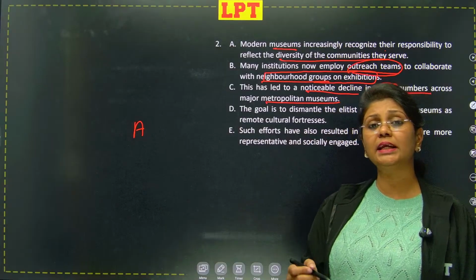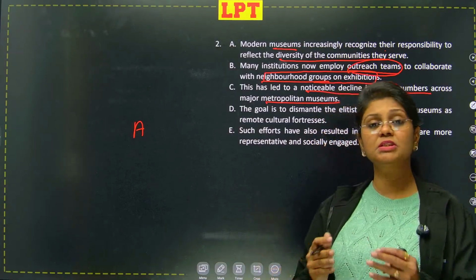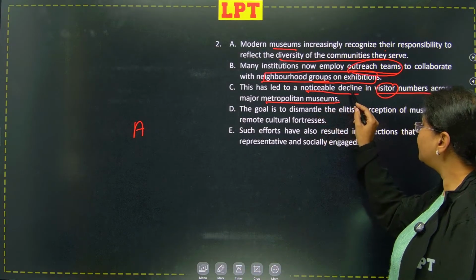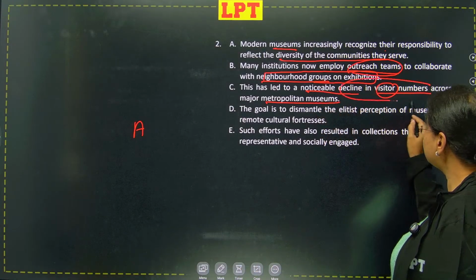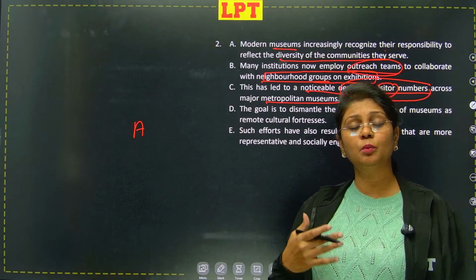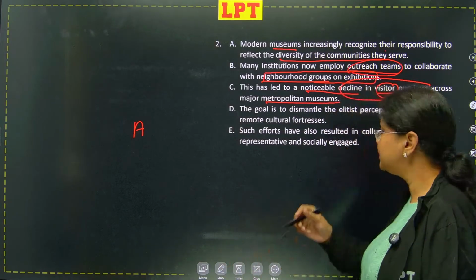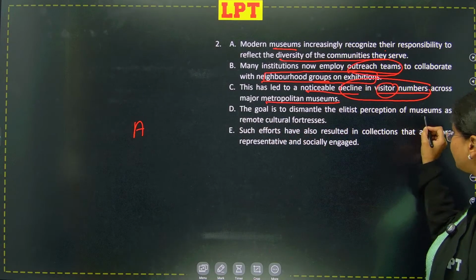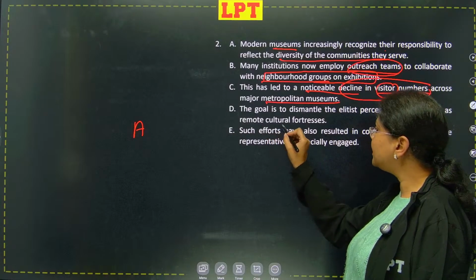Now, this sentence talks about something not related to the previous two sentences, because it talks about decline in visitor numbers. We have not really talked about the number of visitors with respect to the museums. D says the goal is to dismantle the elitist perception of museums as remote cultural fortresses.